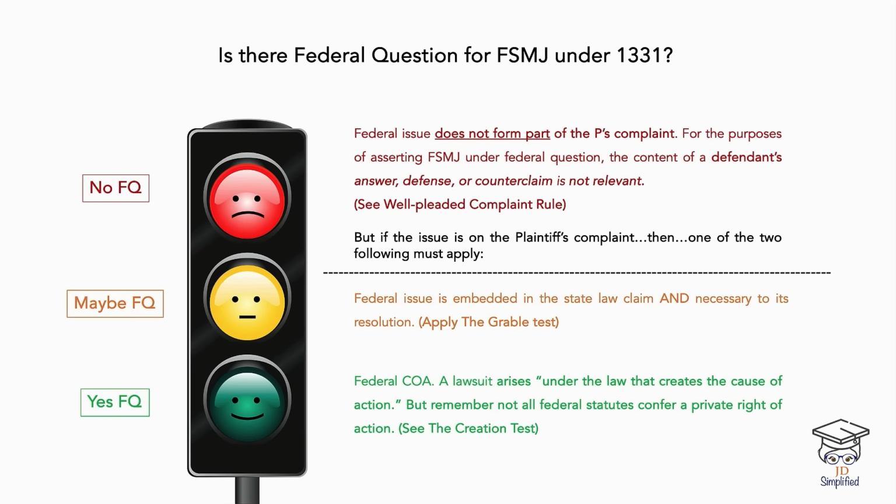So no federal question if the federal issue does not form part of the plaintiff's complaint. Even if it's a state law claim with a federal issue embedded, it needs to be in the complaint. It needs to be part of the plaintiff's cause of action.